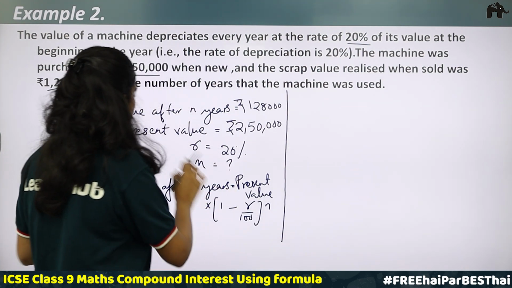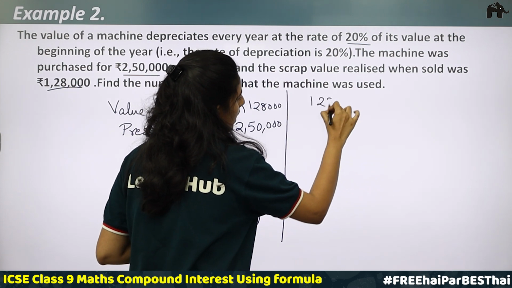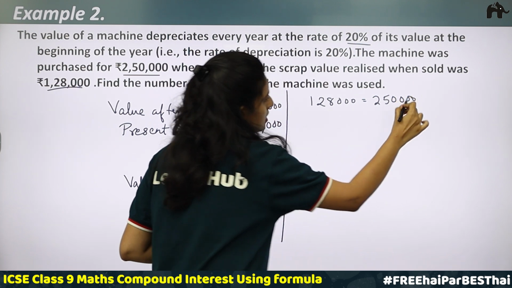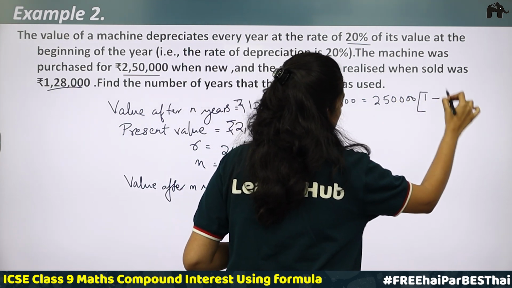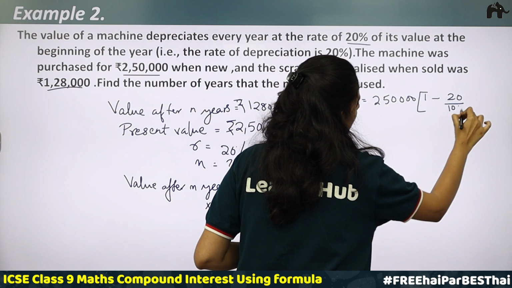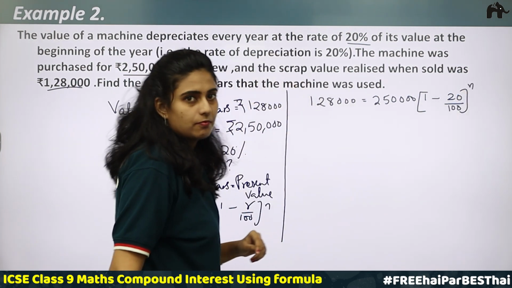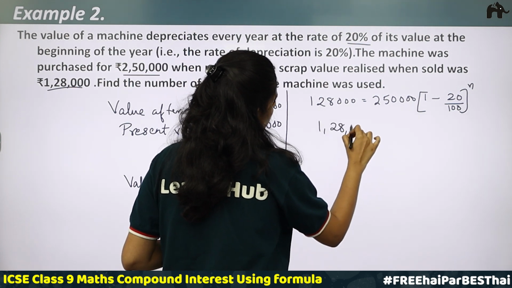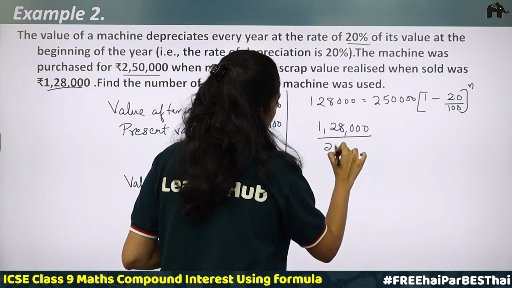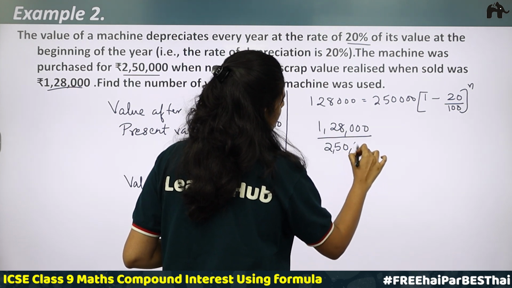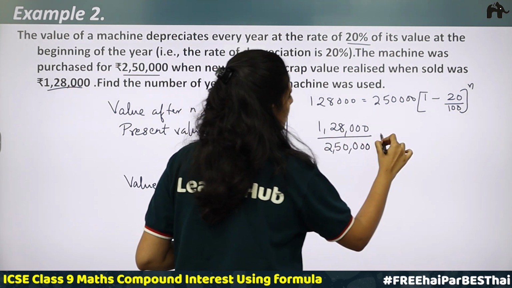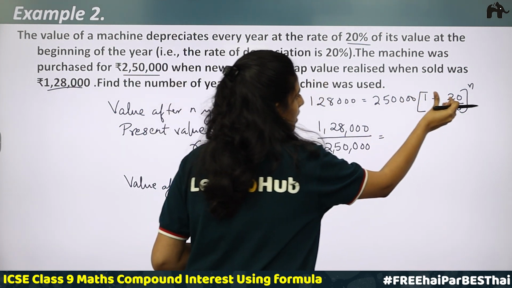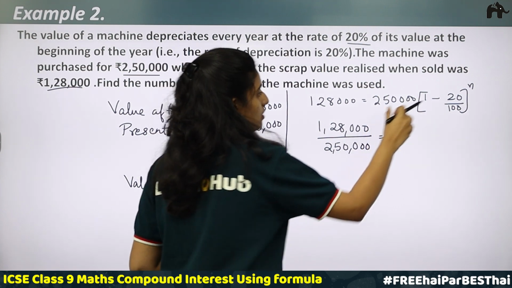Now put the values. Value after n years is 1,28,000, which is equal to 2,50,000 into 1 minus 20 divided by 100 whole raised to n. So this is 1,28,000 divided by 2,50,000 equal to 100 minus 20, which is 80, divided by 100.